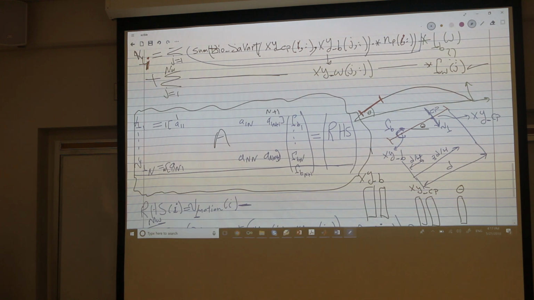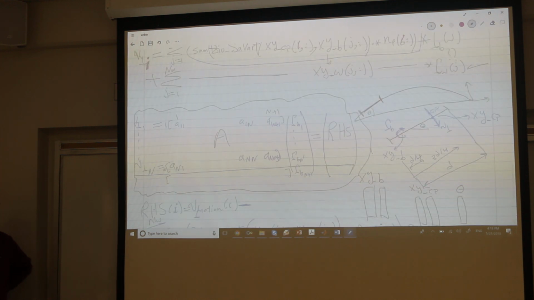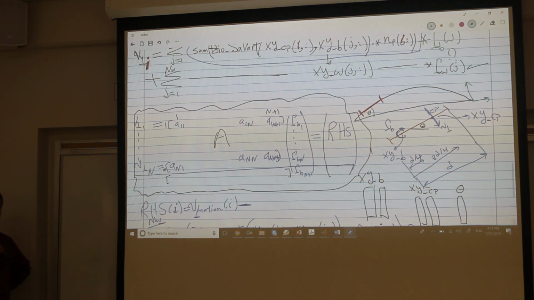What about the last row? The last row corresponds to the last equation. What is the n plus 1 equation? What did we say you're going to use for it? The conservation of circulation. So the summation of all vortices equals 0.